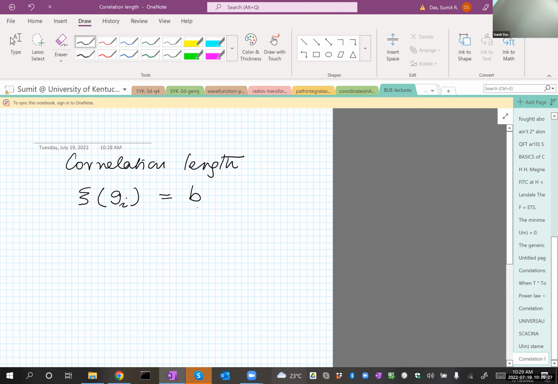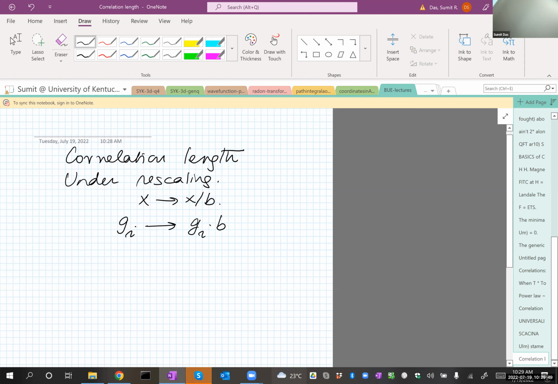So under rescaling, x going to x upon b, the result of this theory tells you that all these couplings go as b to the d minus delta i, and the correlation length itself should go as b times xi.